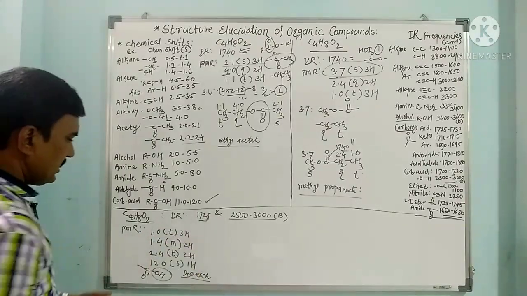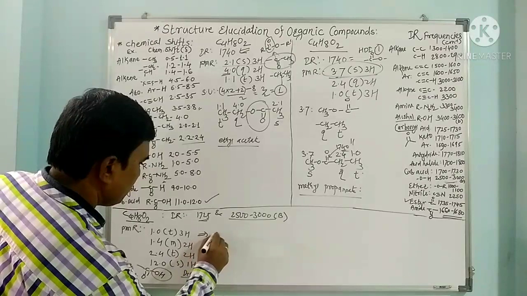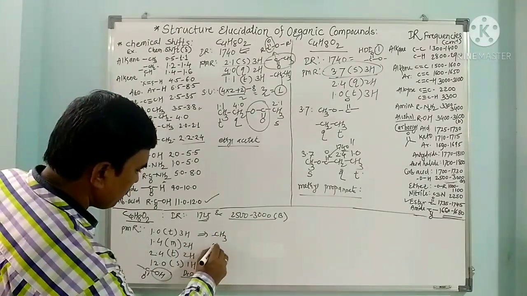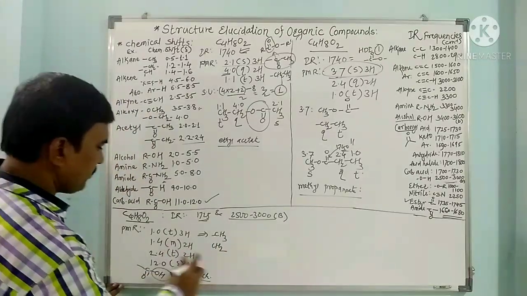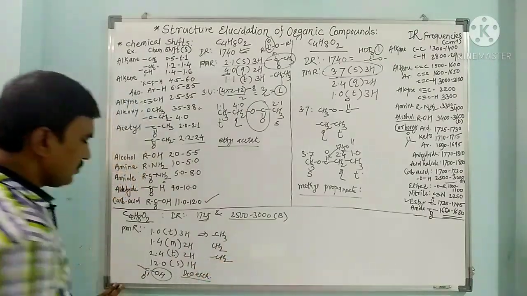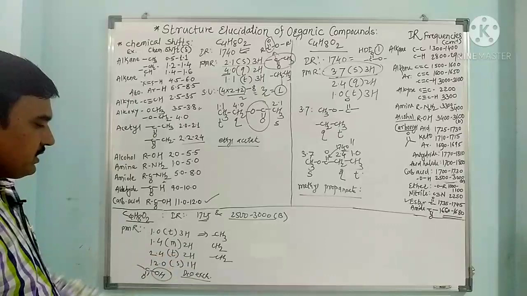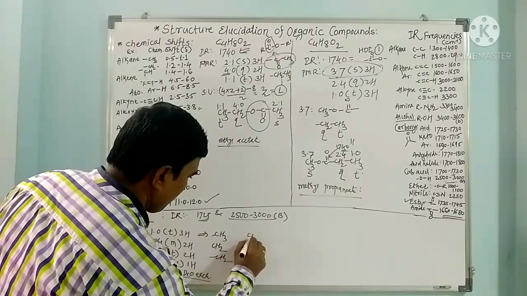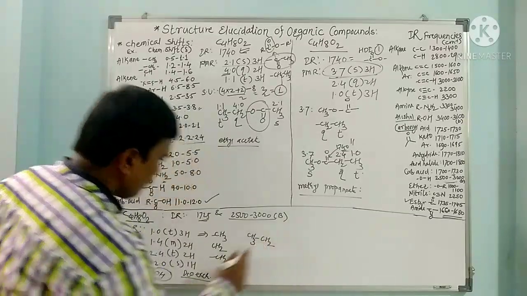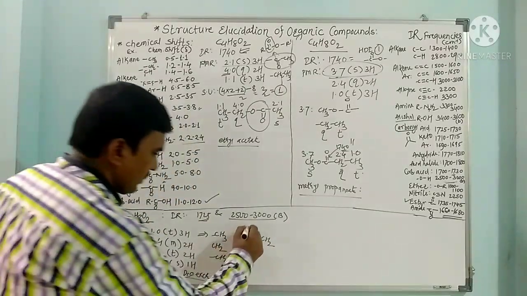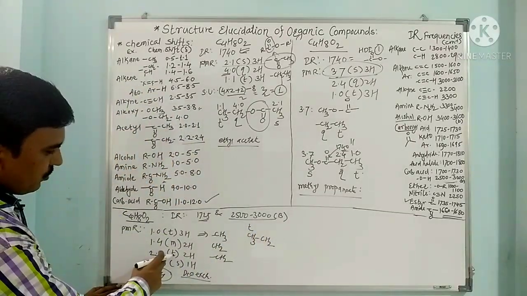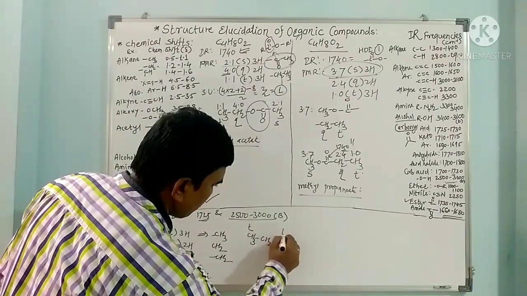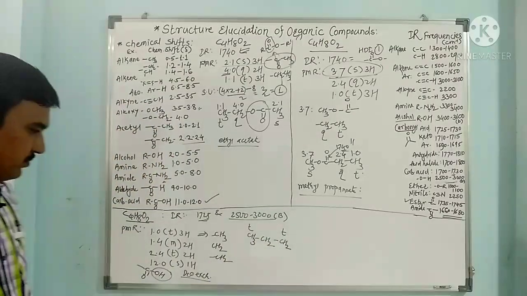Now from this we have to see: this indicates CH3, this indicates CH2 giving a multiplet, and this is giving a triplet. When the CH3 is giving a triplet, it is attached to CH2, and this CH2 also gives a triplet. When one CH2 gives a triplet, it must be attached to CH2.